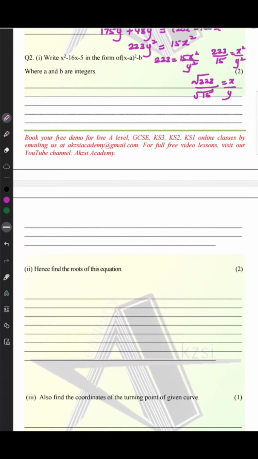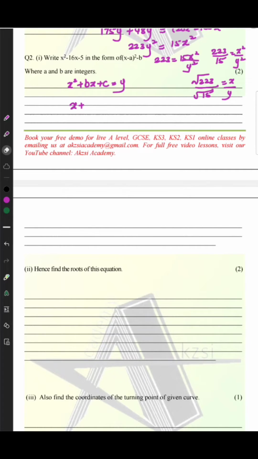So the formula says, if your equation is ax squared plus bx plus c equals y, in that case it will be x plus, here a is 1, so let me do this one because a is 1.